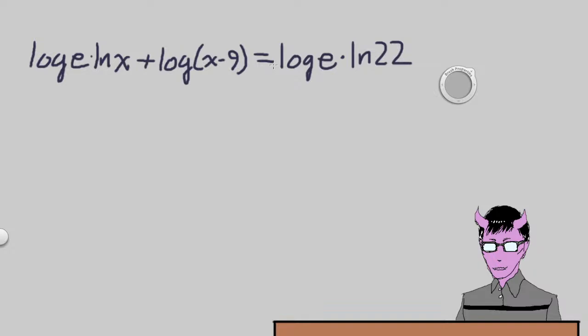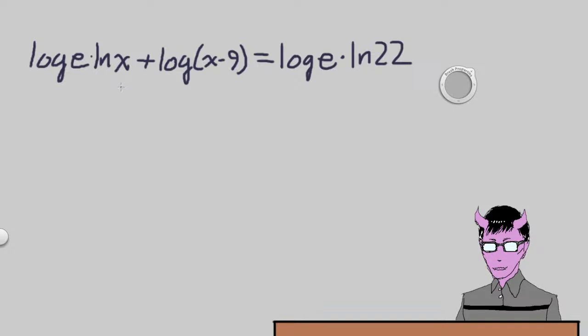So what do we do? Well, the goal is to try to get all the bases to become the same thing. It is going to be the most standard strategy. So the question is, do we wish to change all the logs to natural log, or do we wish to change all the logs to log base 10? That is the decision, right?